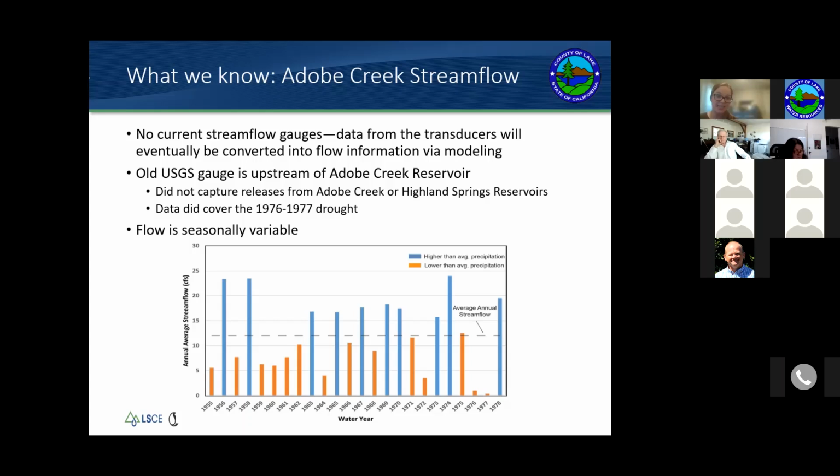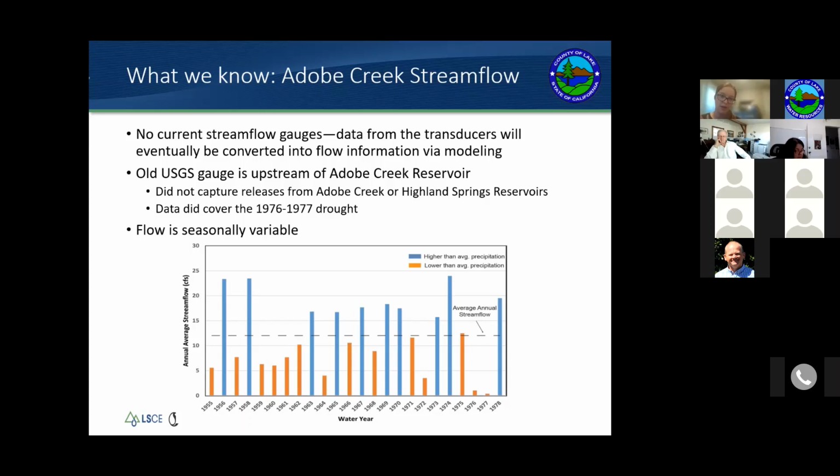But the data did capture that drought condition where the flow was the lowest it has been in a couple decades. From the data that we do have, we can see that it is seasonally variable, with more flows in the spring time and less in the fall, and that it does change from year to year.